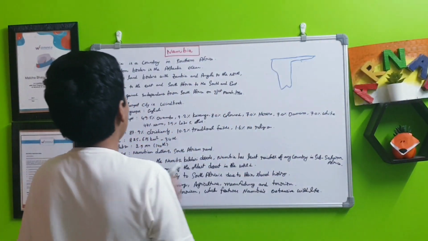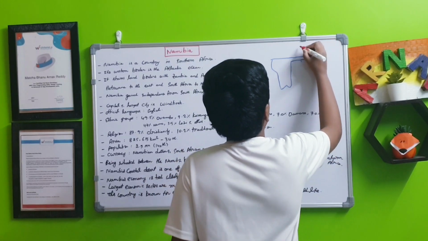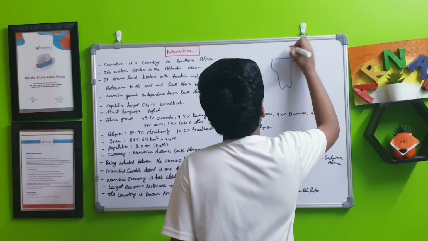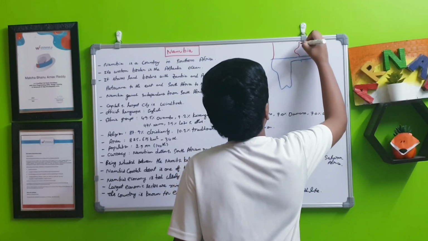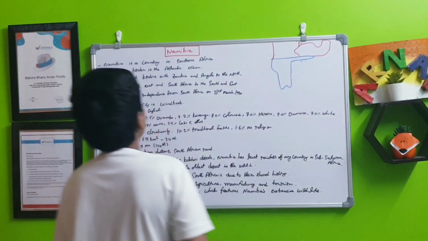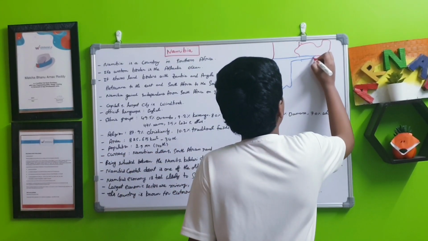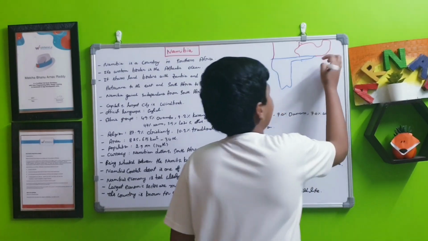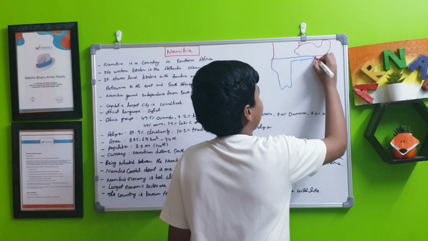The land borders include, first in the north, Zambia and Angola. First Angola, and then Zambia, another country. Next is Botswana to the east. Botswana touches a bit of Zambia too in this northern region.